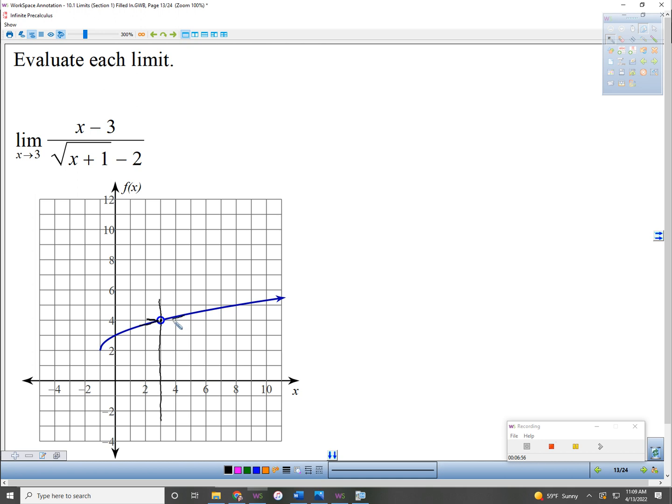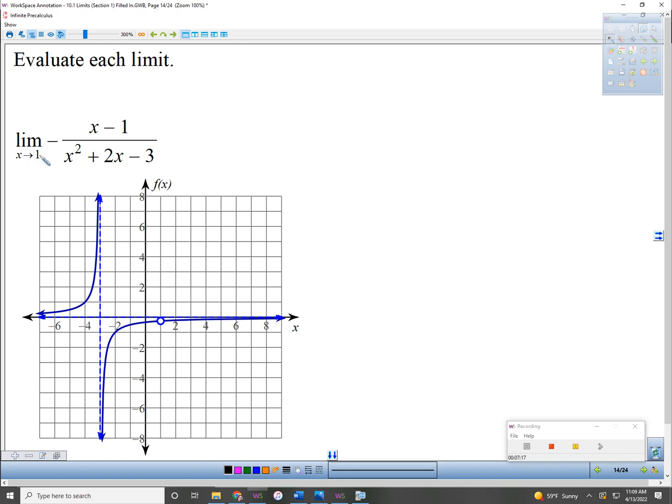So closer and closer to an x value of 3, still approaching this spot, which is a y value of 4. So the limit as x approaches 3 of x minus 3 over the square root of x plus 1 minus 2 is equal to 4.